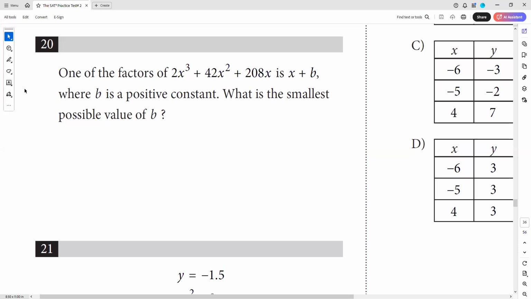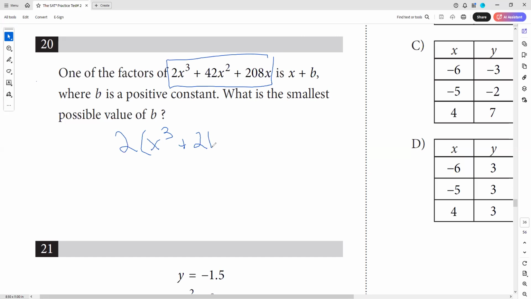All right, so to factor that trinomial, we're going to factor out a 2. Out of that trinomial, we have to factor out a 2. So if we divide every term by 2, we're going to get x cubed plus 21x, 2x, sorry.